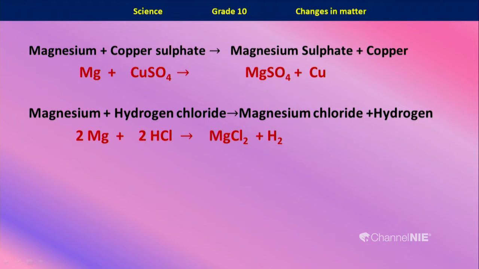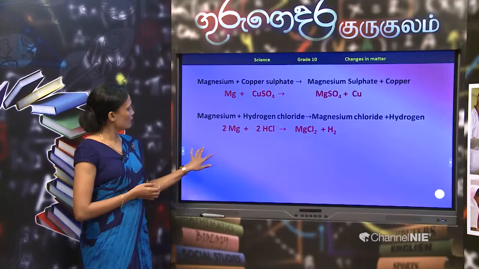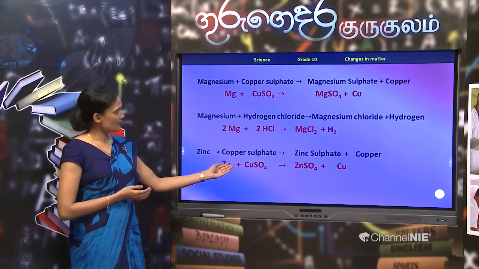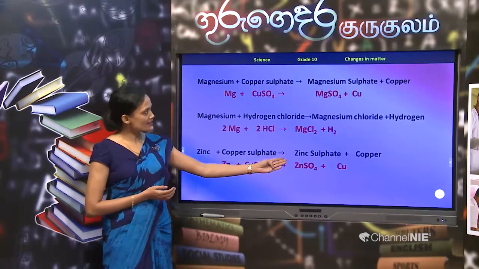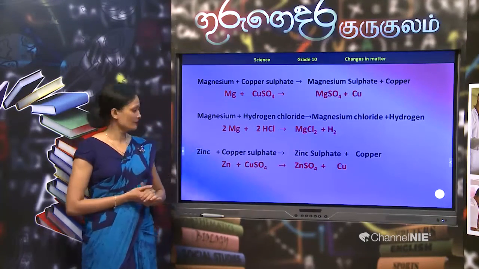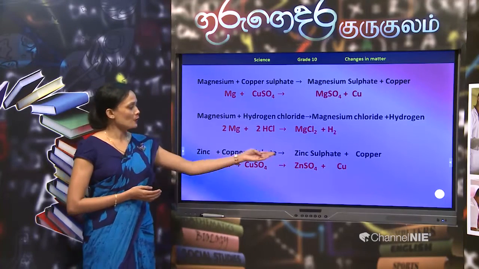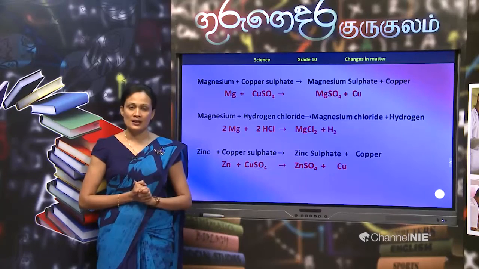Magnesium reacts with hydrogen chloride and forms magnesium chloride and hydrogen. Here, hydrogen is displaced by magnesium. Look at this one. Zinc reacts with copper sulfate and forms zinc sulfate and copper. Here, zinc displaces copper and forms zinc sulfate.